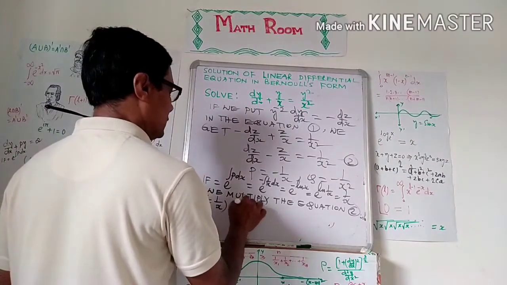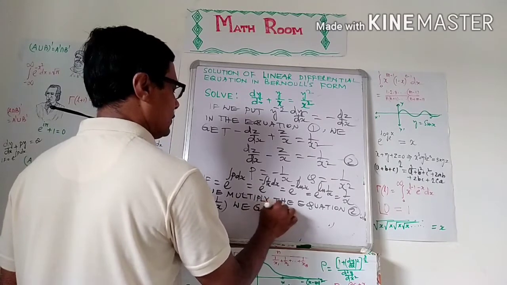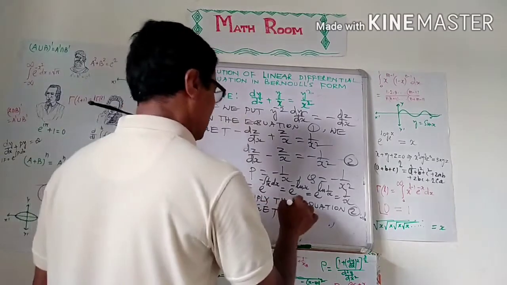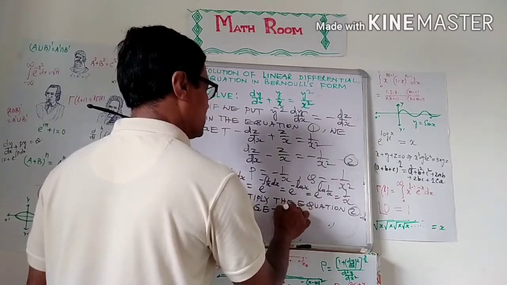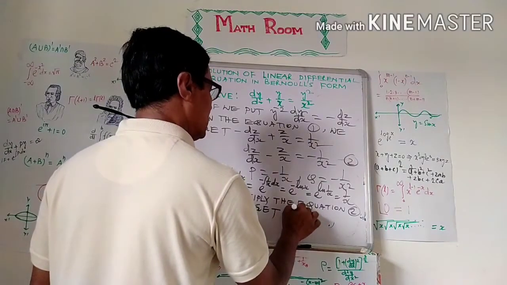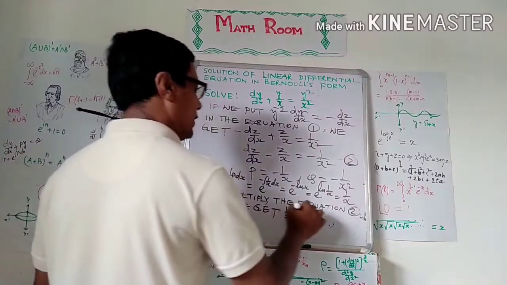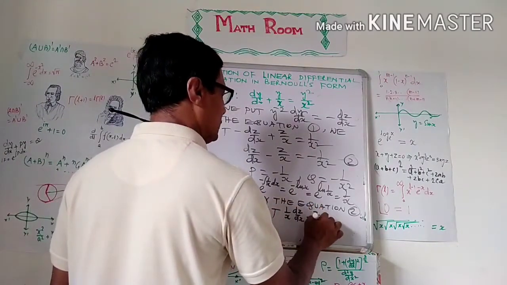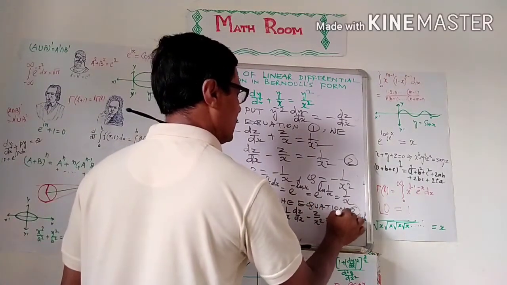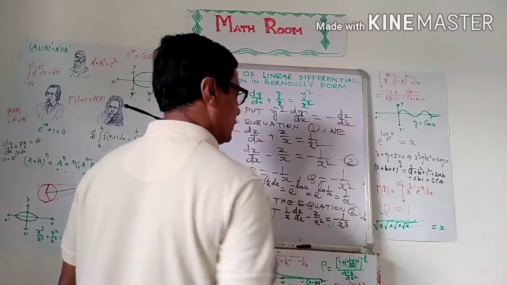We get 1 by x dz/dx minus z over x square equal to minus 1 over x cube.